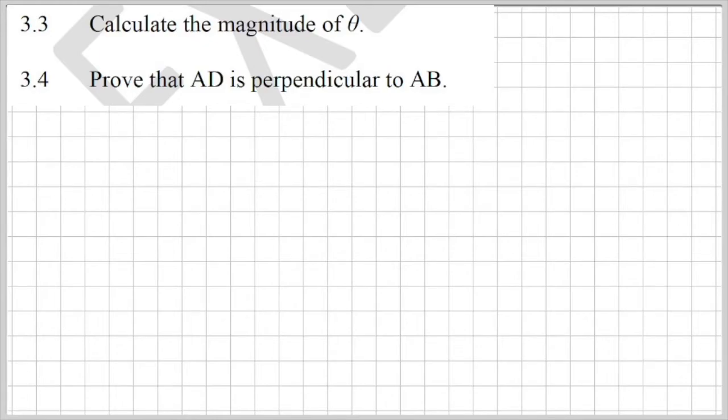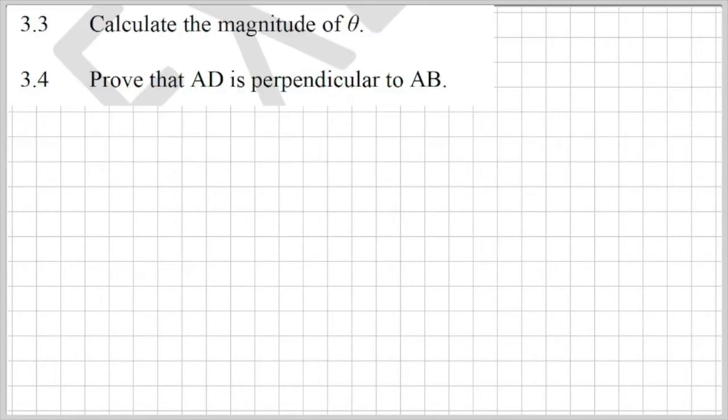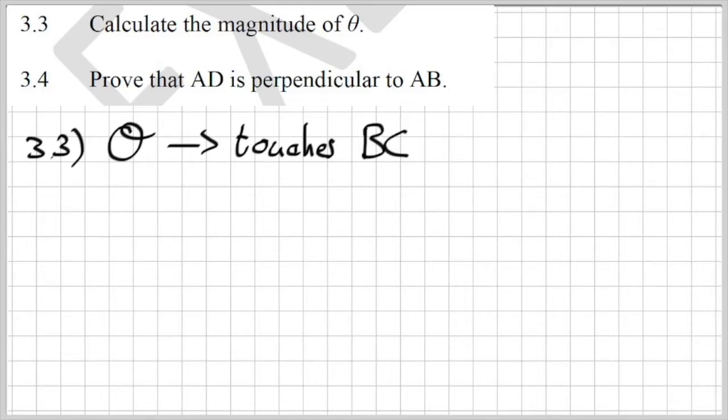Looking at the sketch, which lines are being touched by theta? If I look at that, the line being touched by theta is BC. Therefore, I need the gradient of BC to get theta.